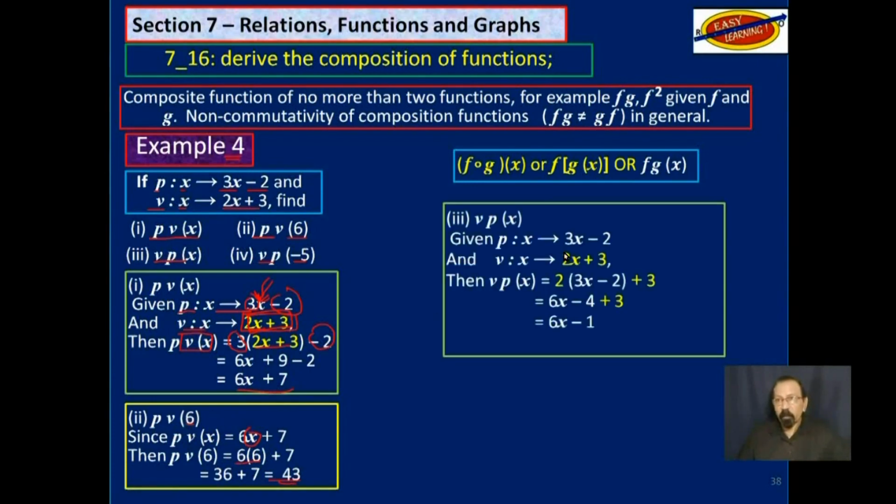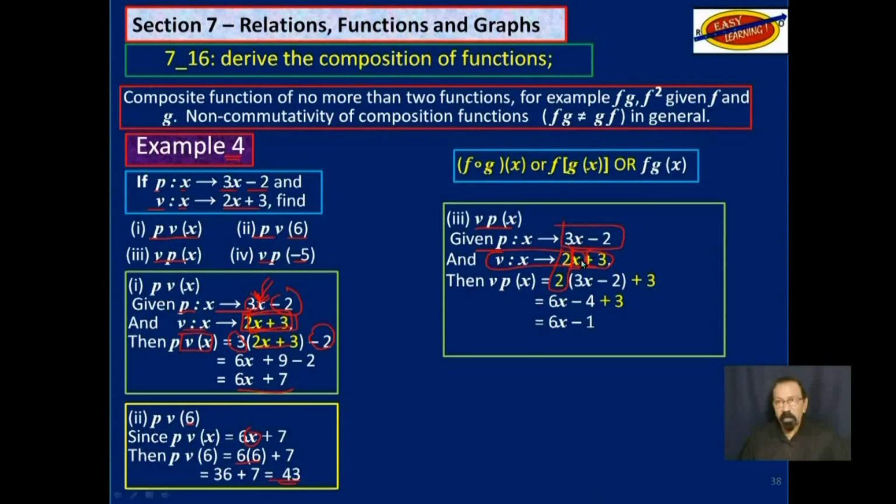Now let's go the other way around, v of p of x. Now this time we are keeping the v intact, but we are going to replace this for p of x where this x is. So notice that 2 is still there.